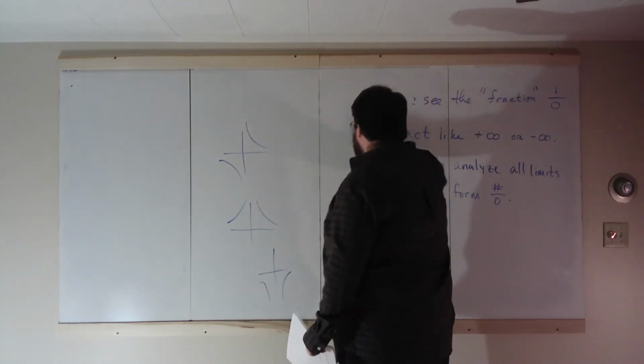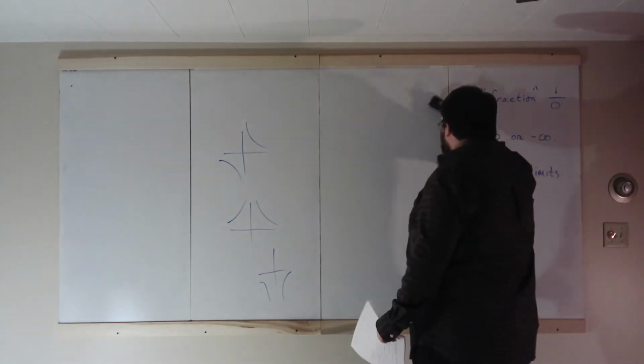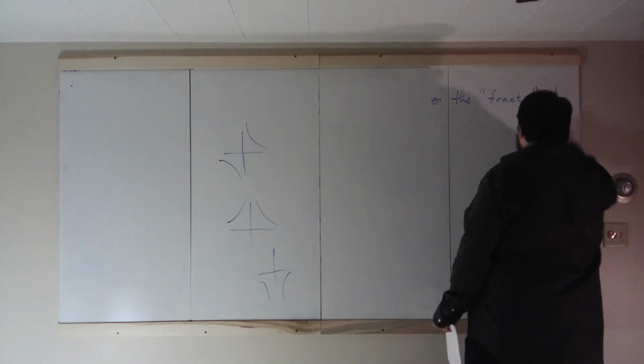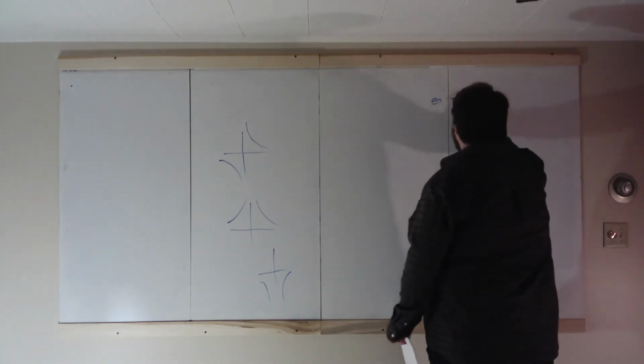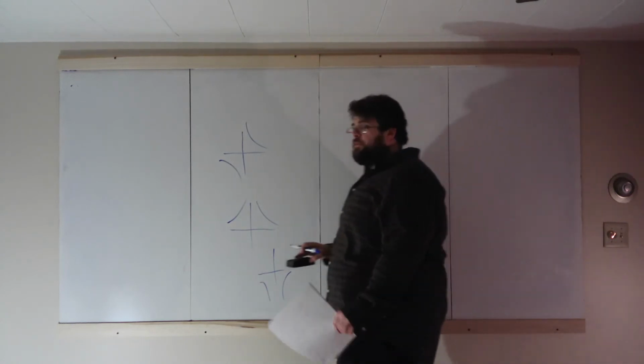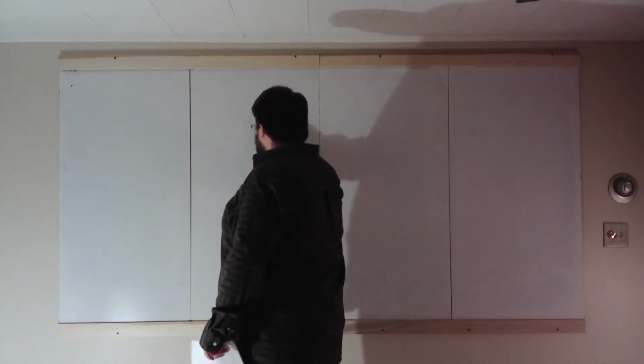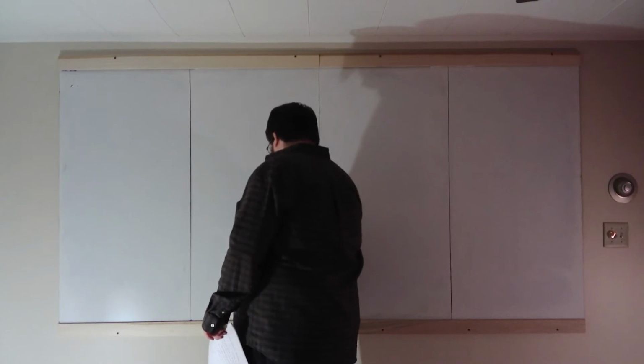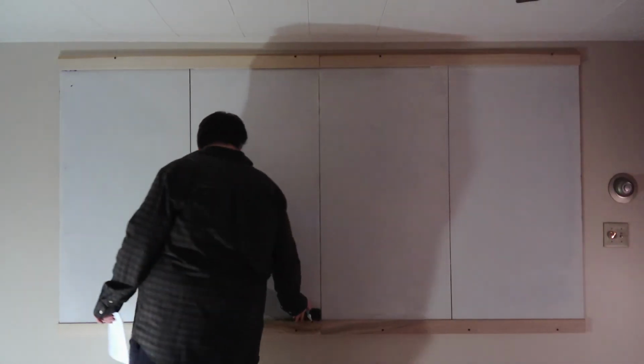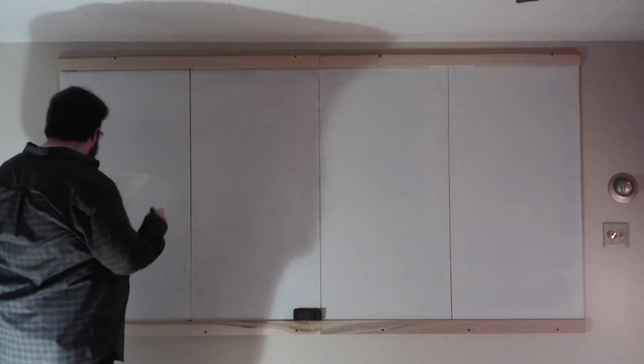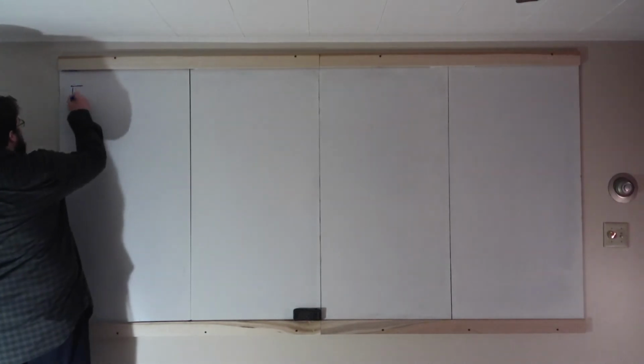But let's look at some examples. Whenever you get a number over 0, first step is look at both sides, because you might be able to say a lot about the limit.